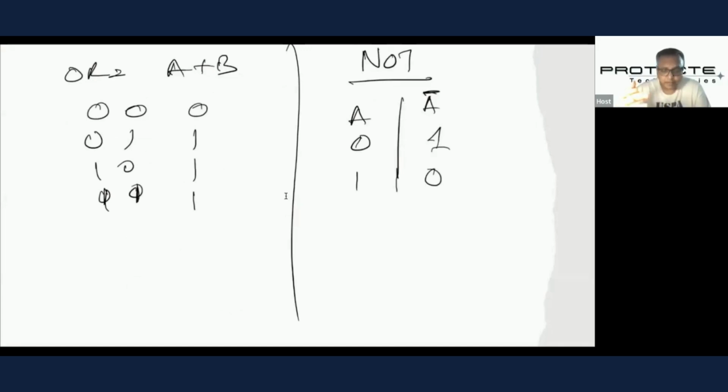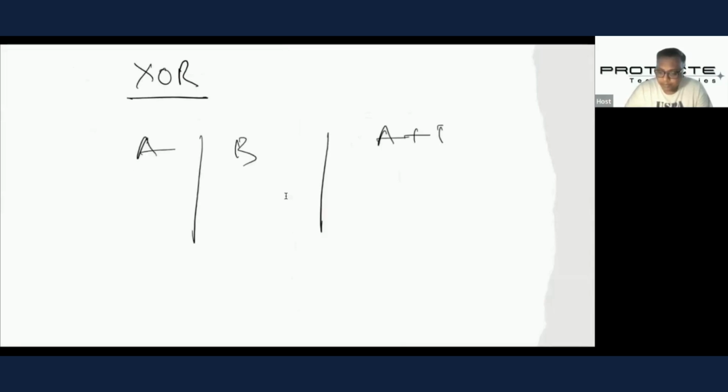And one final mathematical function which actually puts crypto systems into action is called an XOR operation. Okay, XOR operation is denoted by A, B, A plus B with a circle, right? So what XOR operation does is, if A is 0, B is 0, the output is 0.